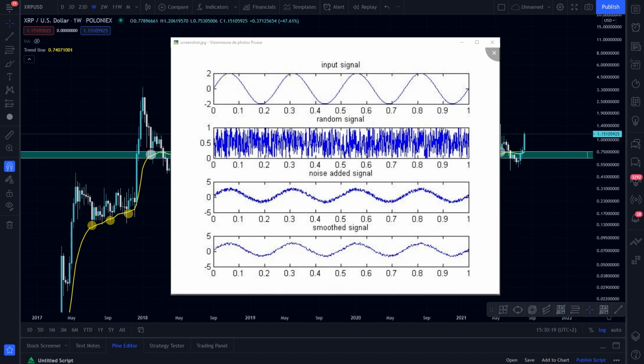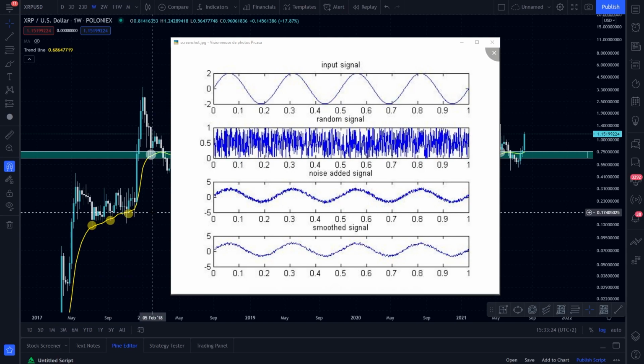Okay? To get the chart of the sine wave in a noisy environment, you just have to sum both the perfect sine wave and the noise. Does it make sense? And this is what represents the third chart. It's the sum of the first chart and the second chart.